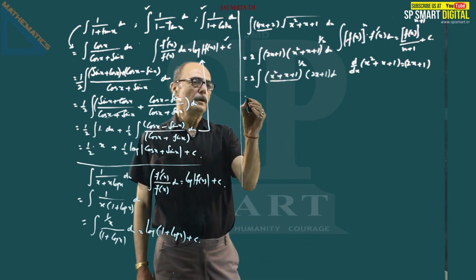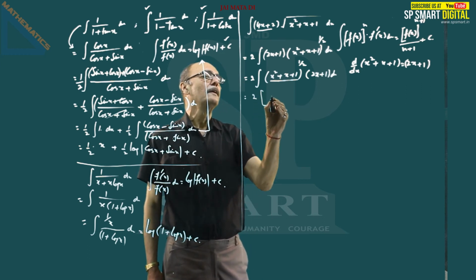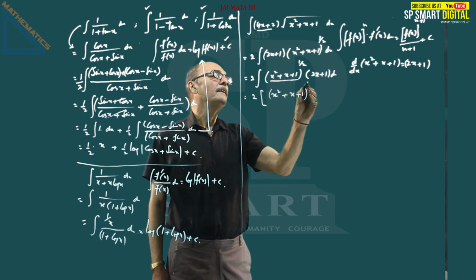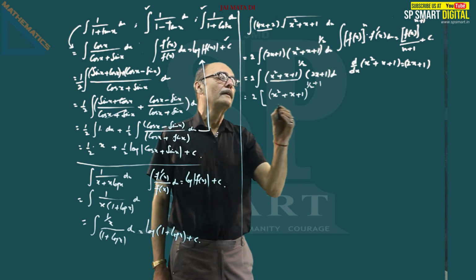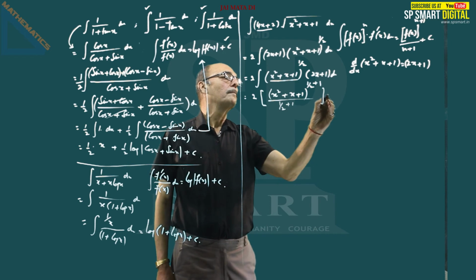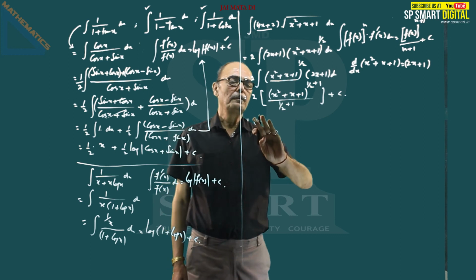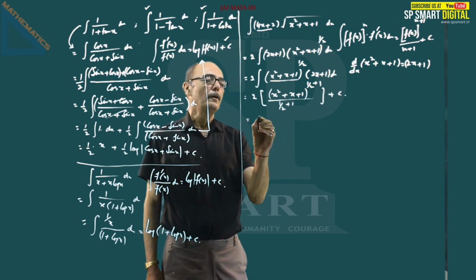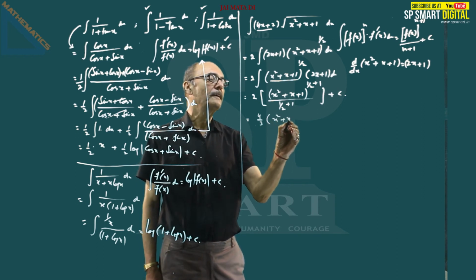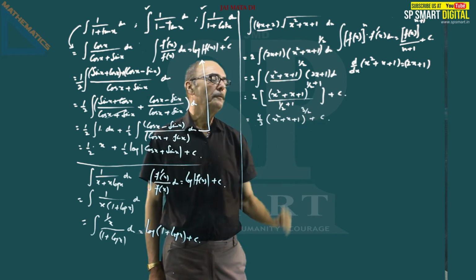So, if we apply this formula, this 2 will remain as it is. This is x square plus x plus 1 raised to power n plus 1 divided by n plus 1 plus constant c, and when you simplify, this will be 4 by 3 x square plus x plus 1 raised to power 3 by 2 plus constant c.